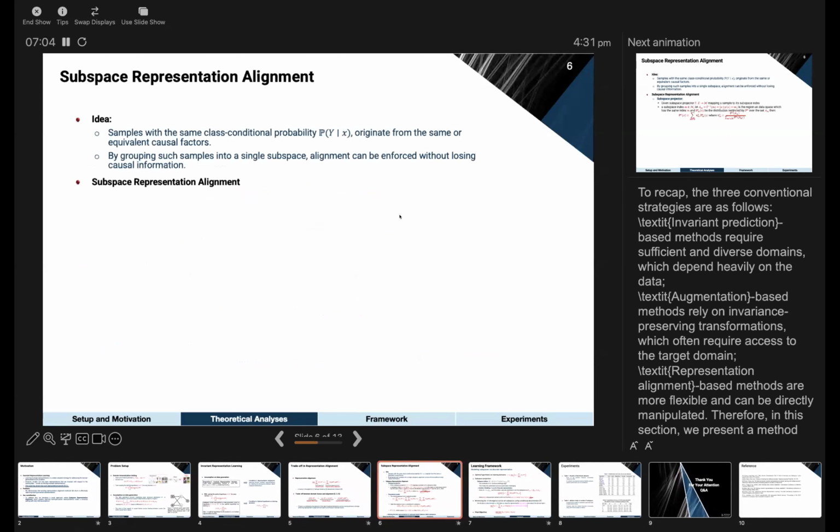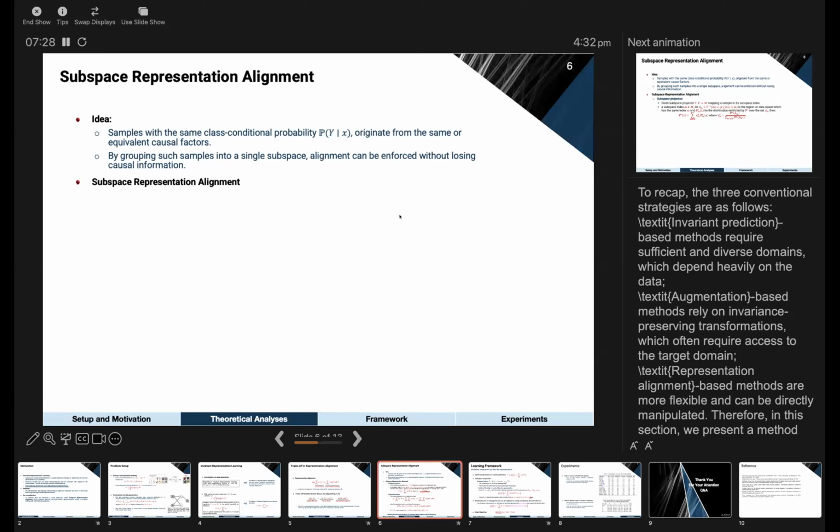However, we observe that based on our data generation process, if the samples have the same class conditional probability, they come from the same or an equivalent causal factor.